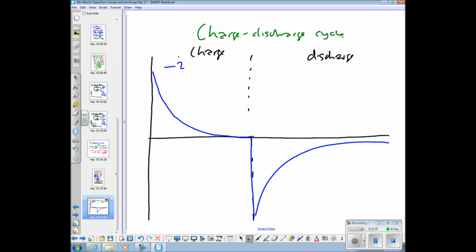So that blue is I. VC would start at nothing and go up to a maximum and then fall from there towards zero. VM, IM.